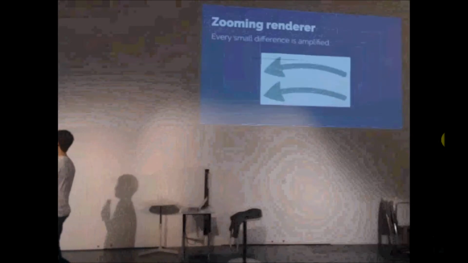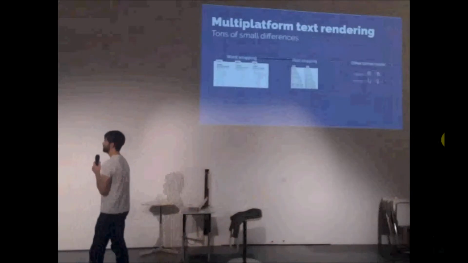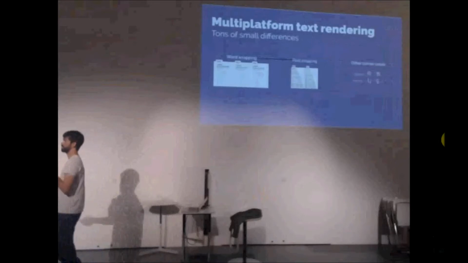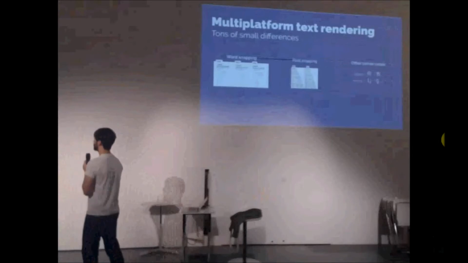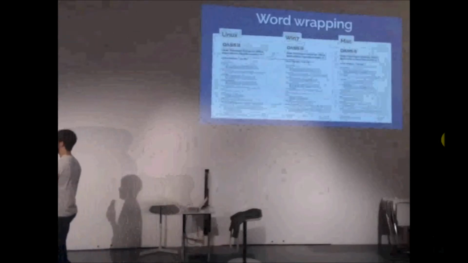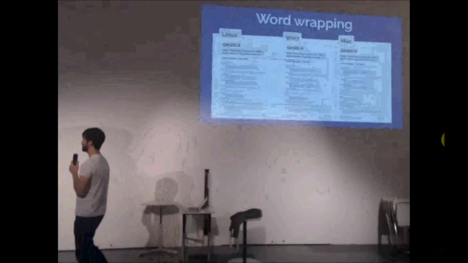And that's really hard for a number of reasons, but the biggest reason is because multi-platform text on other platforms is totally different, even in different browsers on the same computer. Here's some good examples. This is a screenshot of LibreOffice running on Linux, Windows, and Mac, and it's opening this really big Oasis specification.